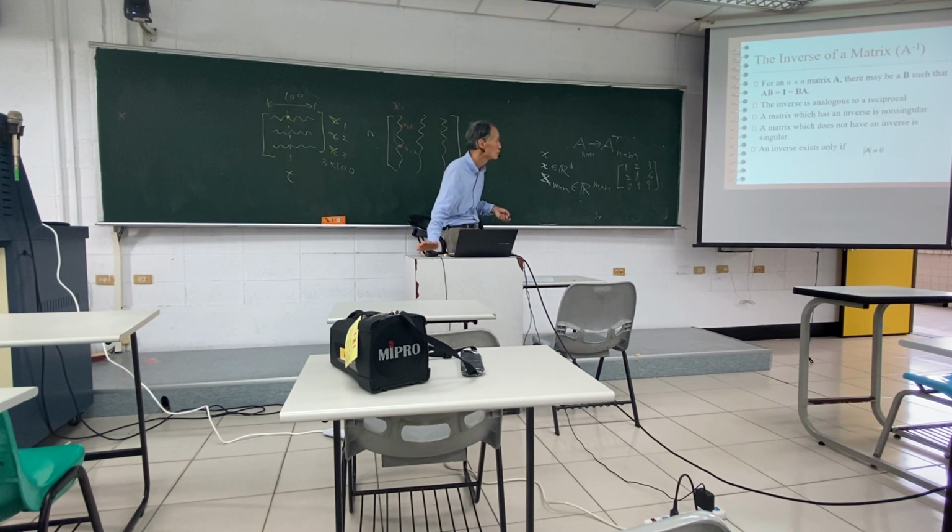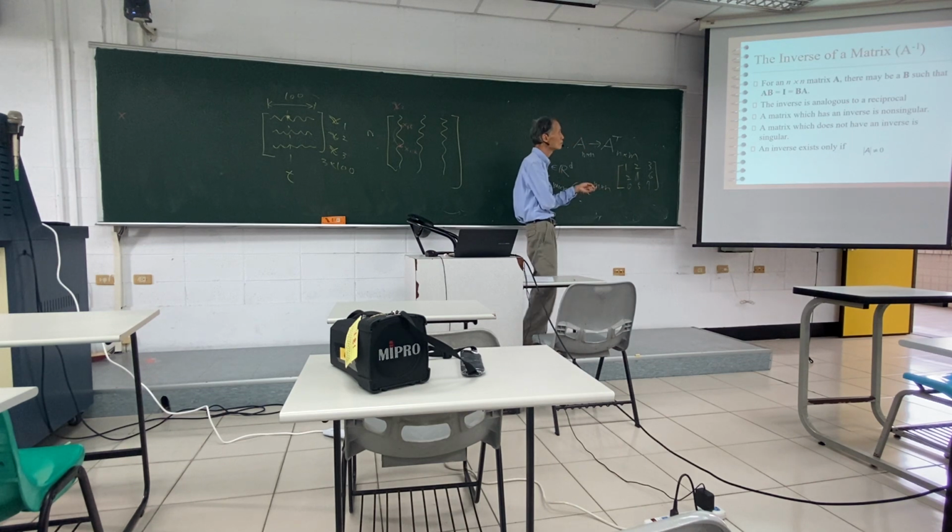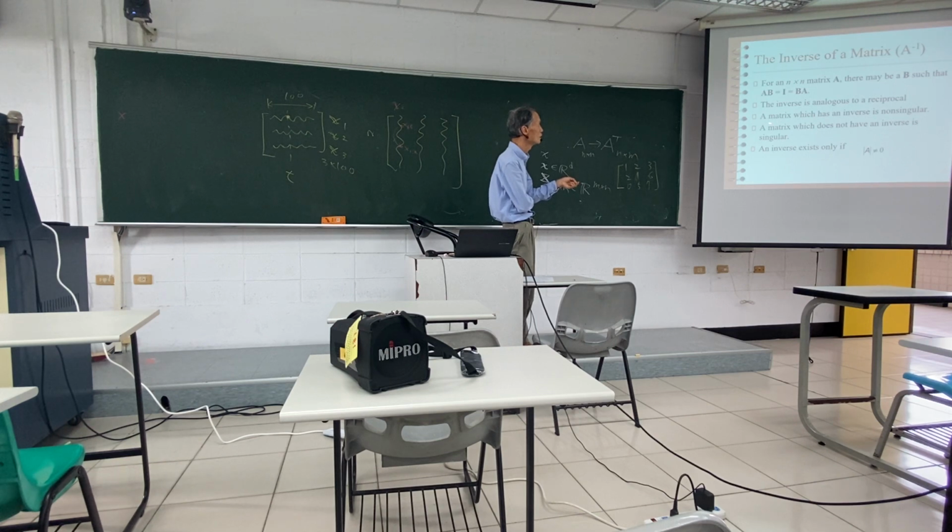Now here comes the inverse. It's very important. A times B equal to an identity matrix, and then we say B is the inverse of A, or inversely, A is the inverse of B. The inverse exists only when the determinant is not equal to 0.